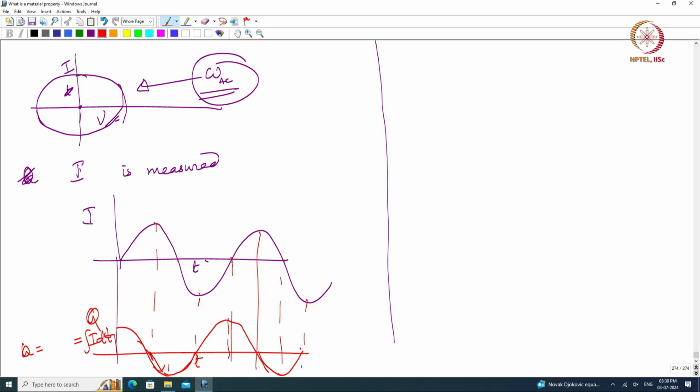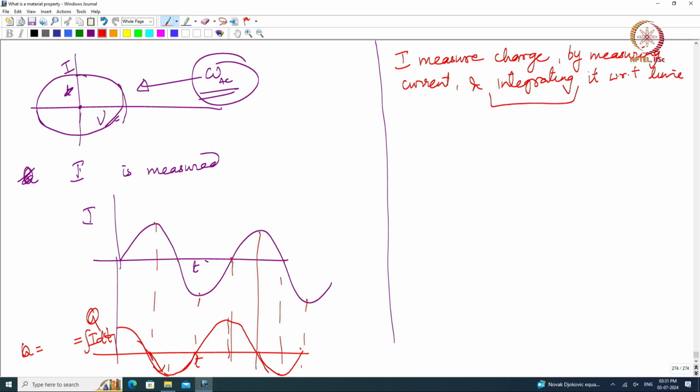I measure charge by first measuring current and then integrating current. So, it is not a direct measurement; I measure charge by measuring current and integrating it with respect to time.